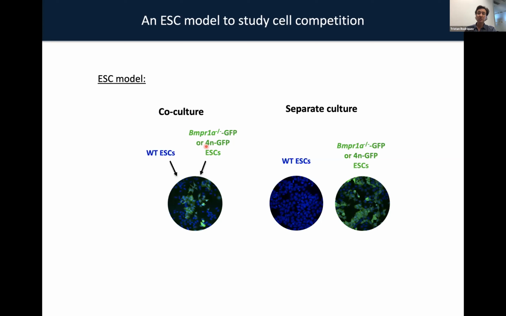These in vitro models allow us to isolate cells that carry a variety of different defects, such as defects in BMP signaling, tetraploidy, etc. We can label these cells with GFP and compare their behavior in a homogeneous culture to when they're co-cultured with wild-type cells. Then, when we analyze which behaviors emerge specifically in a heterogeneous context, we can start to infer which behaviors are specific to competitive interactions.